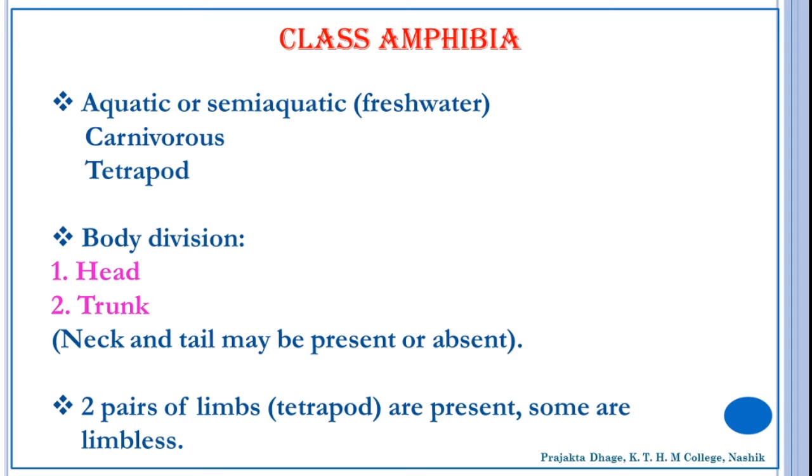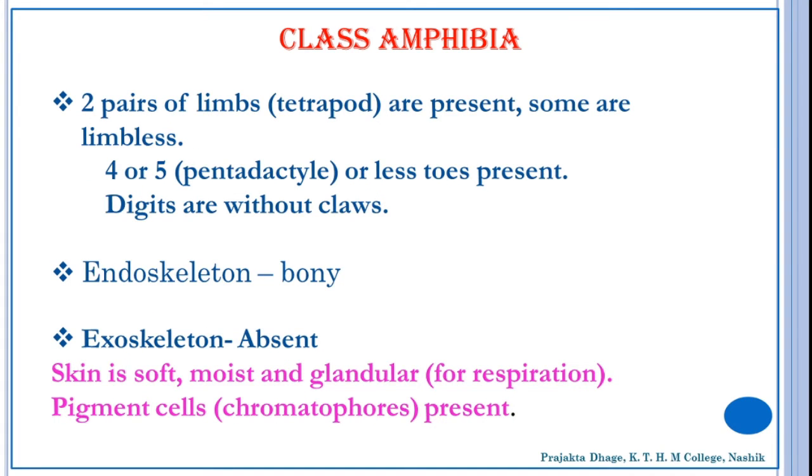Another characteristic feature is that generally two pairs of limbs are present in these organisms. Many of the forms are going to be limbless. We are going to see the limbless forms of amphibia in the coming lectures. So let's elaborate this two pairs of limbs.